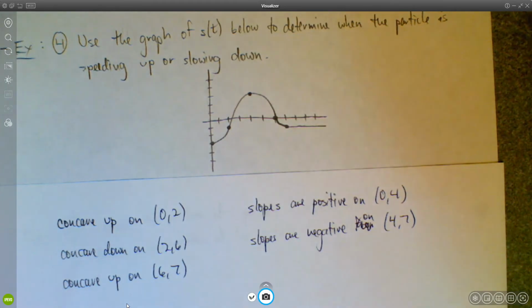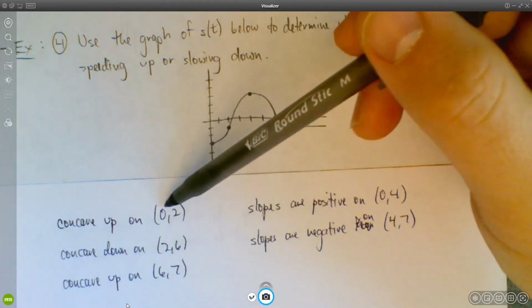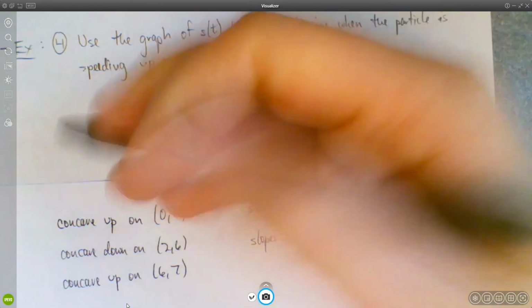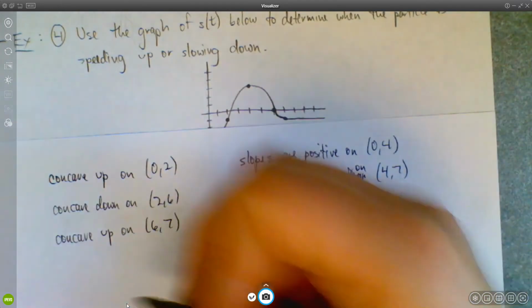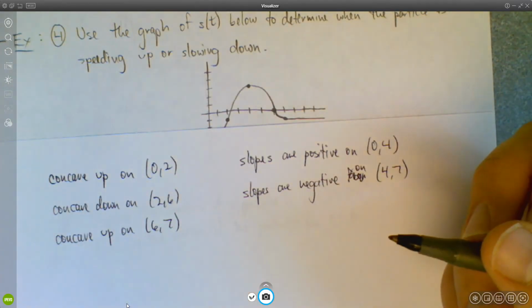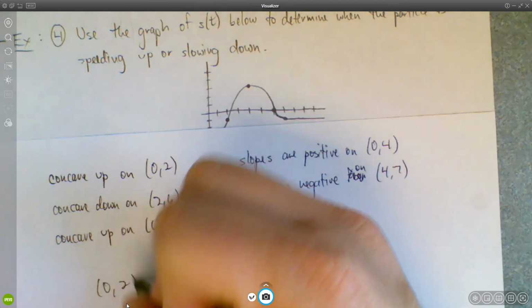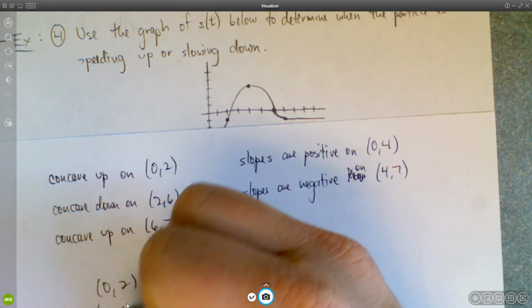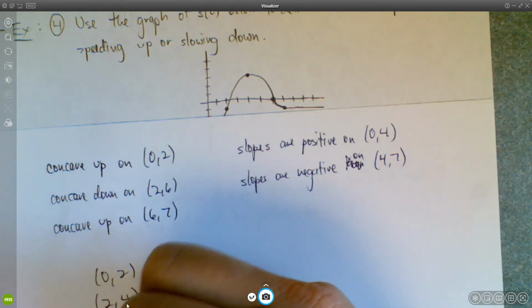Okay, so when are we speeding up? Well, it's concave up, so the second derivative is positive, so the acceleration is positive. So in other words, maybe we can do this. I'll make a little chart. So 0 to 2, 2 to 4, 4 to 6, and then 6 to 7.